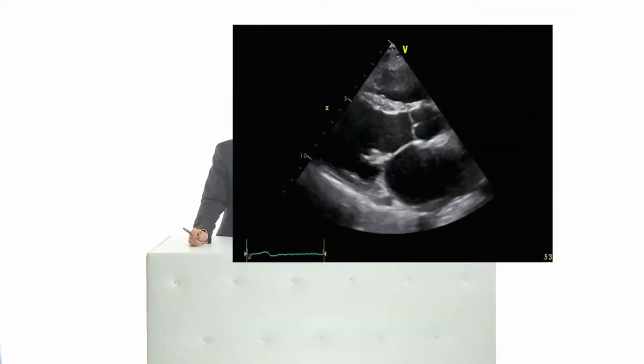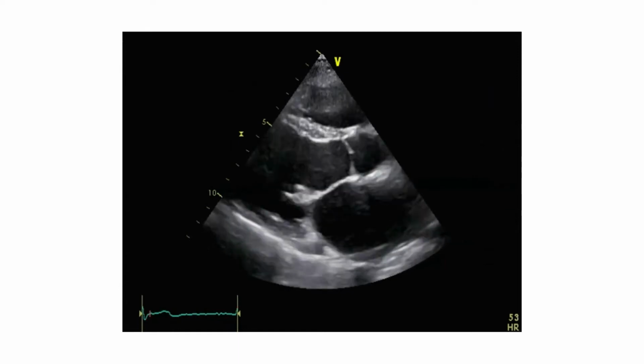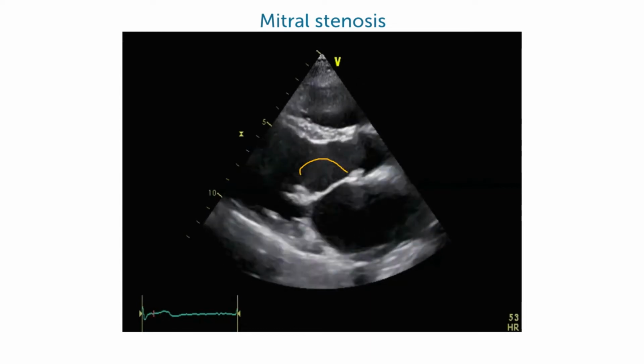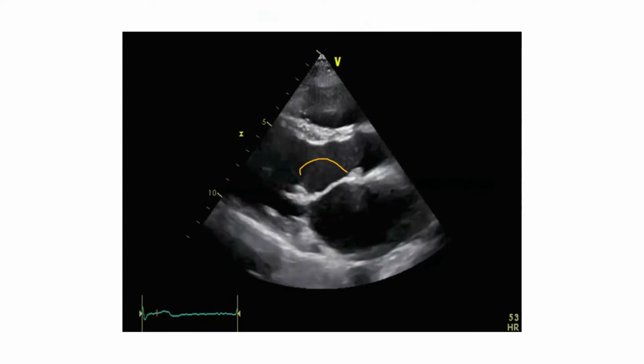But at this point, I think we'll just move on to another pathology, which is very frequently seen not in our part of the world, but in parts of the world where rheumatic heart disease is very frequent. Exactly, and here we have a really nice example of mitral stenosis, where with this awkward motion of the anterior leaflet, we will call it later on in the chapter on mitral stenosis, doming of the leaflet, and as soon as we see it, we can really understand the mitral stenosis is there.